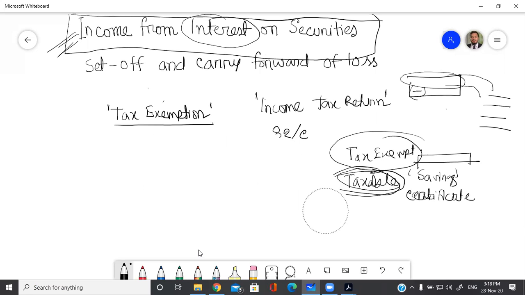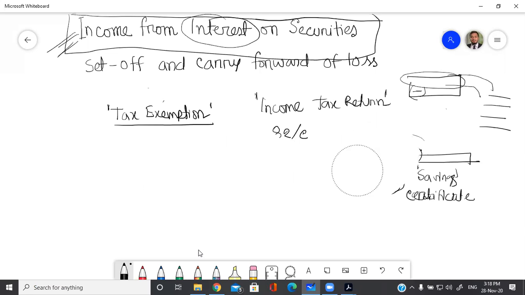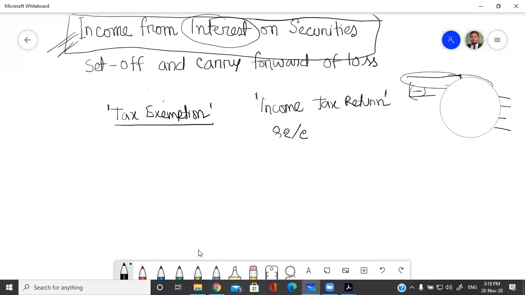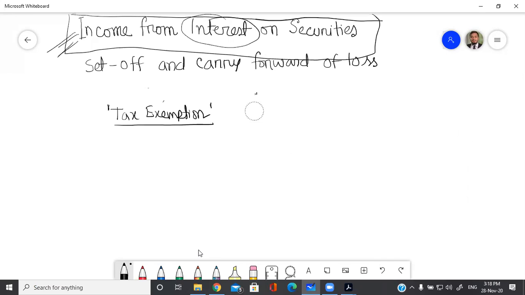Okay, so there are some securities in our country on which though they are bond, but government has said that those interest income from these securities are tax exempted. So what are those securities?